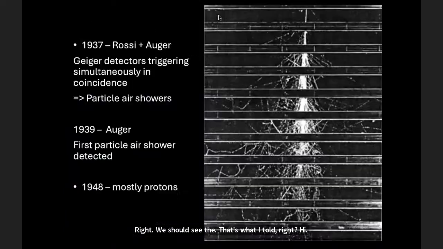Okay, so the study didn't finish there. There was this other guy, Rossi and Auger. Rossi noticed this result, but Auger actually made a measurement of motion. And what Rossi noticed is that he had two Geiger detectors, and once in a while both were triggering at the same time, simultaneously. So he was wondering why that was happening.